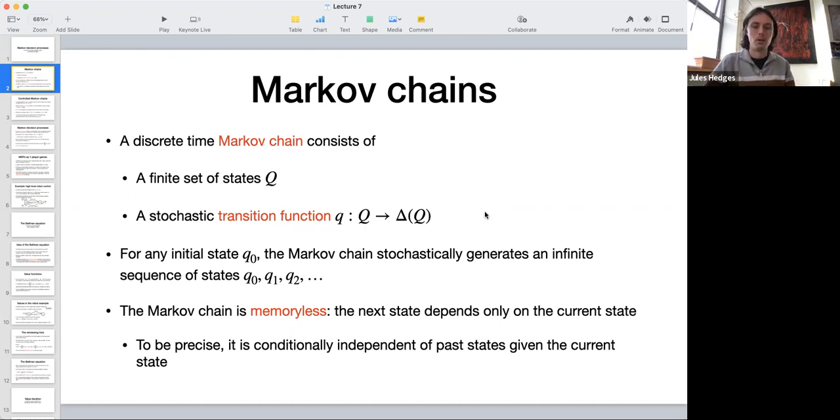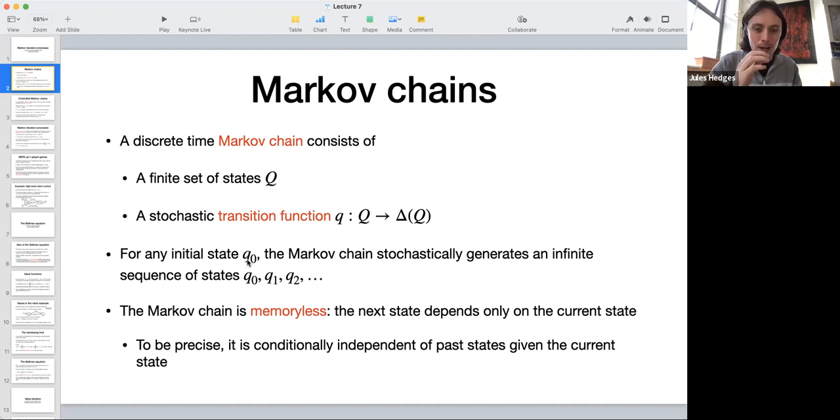Now, what that means is that for any choice of initial state, if we drop the Markov chain into a particular state, we can run it and it will run stochastically. It's going to generate an infinite sequence of states Q1, Q2, and so on, and this will keep running forever. So what we get is a probability distribution over all of these infinite sequences of states it could generate.